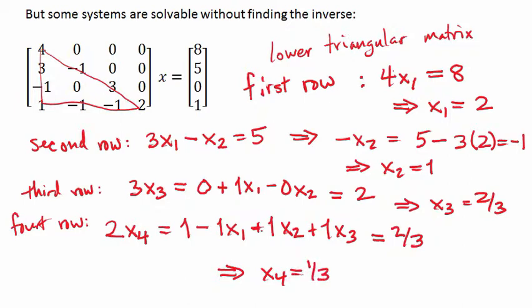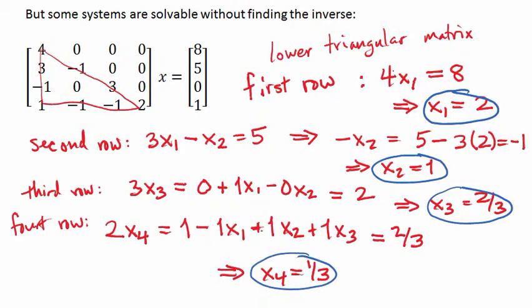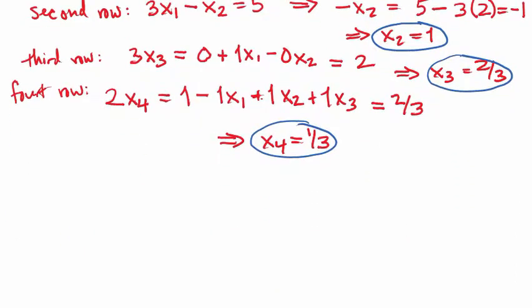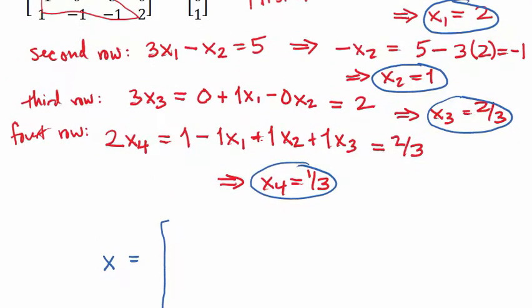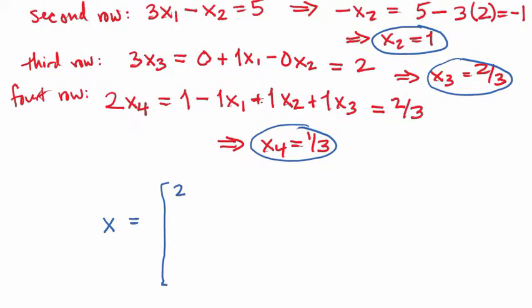And so there we have a complete solution for the 4 unknowns. So we could write x as the vector, remind myself, 2, 1, 2/3, 1/3.